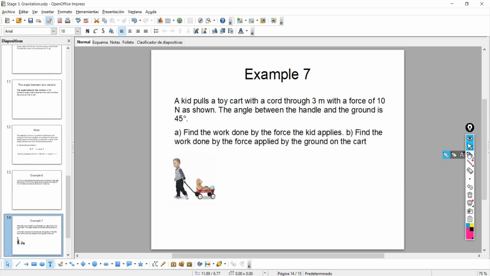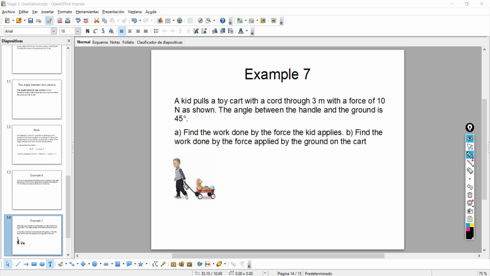Example number 7. We have a little kid that is pulling a toy cart, a little cart with a cord or a handle. It's more like a handle, it's not a cord, through 3 meters. So basically this little guy is pulling the cart over a distance of 3 meters over the horizontal ground, with a force of 10 newtons.